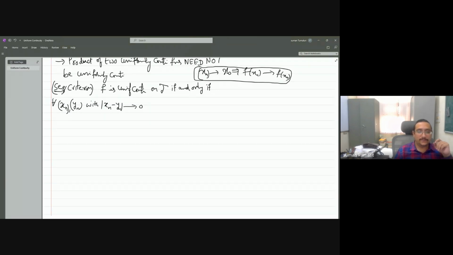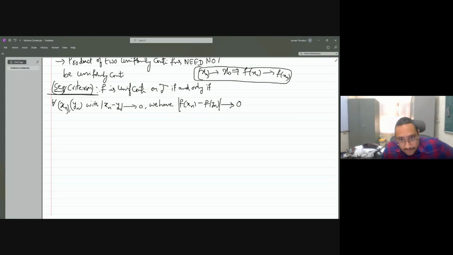For every sequence with this property, their images also should satisfy the same property. F of xn minus f of yn should converge to 0. Okay. So this is a very powerful technique. If such a thing happens, then you say that f is uniformly continuous.